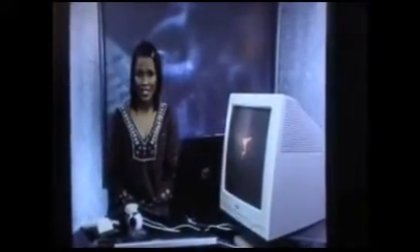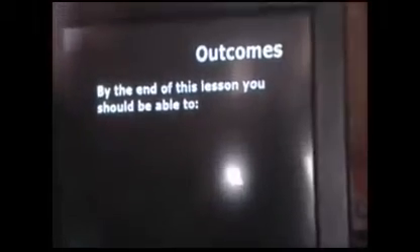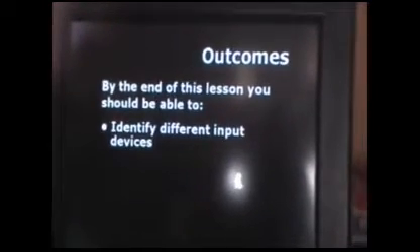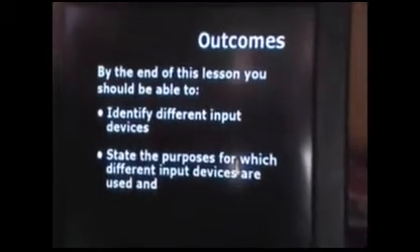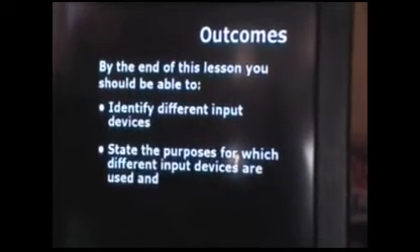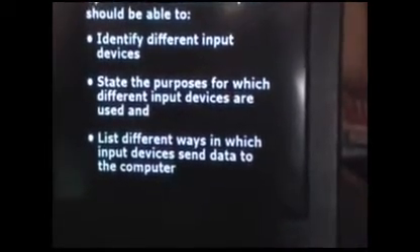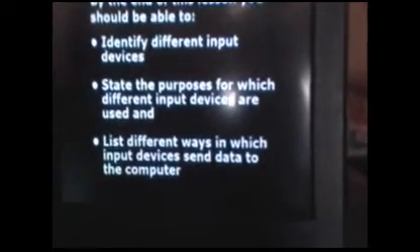In addition to these, there are many different input devices, and in this lesson, we will take a look at some of them. By the end of this lesson, you should be able to identify different input devices, state the purposes for which different input devices are used, and list different ways in which input devices send data to the computer.